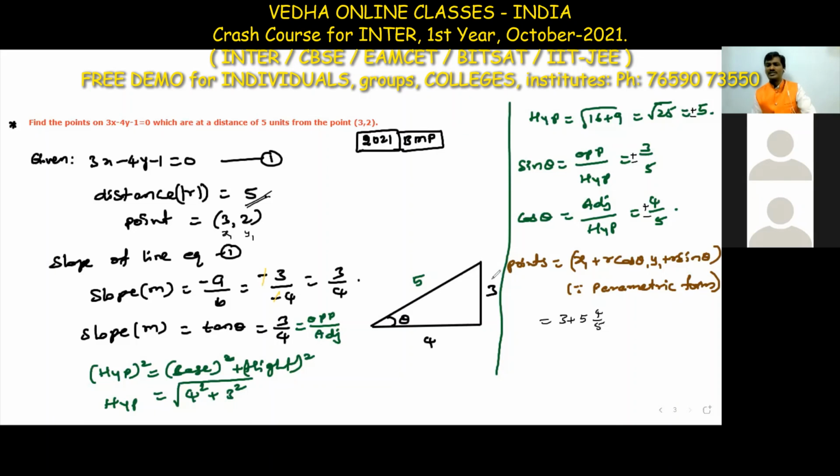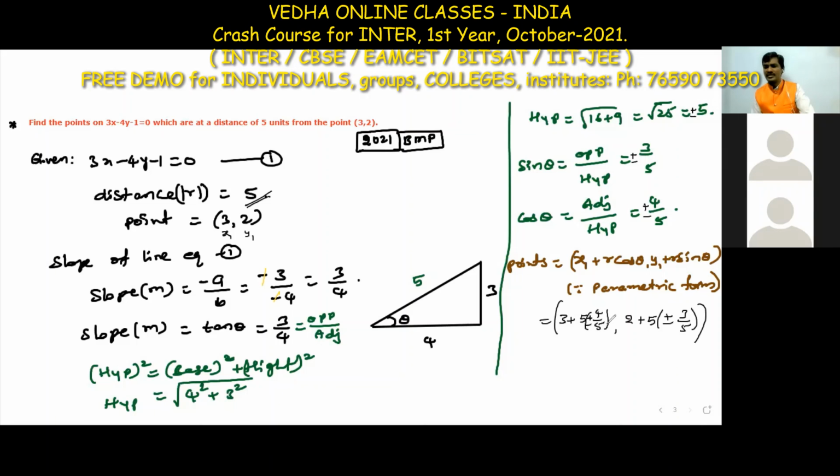I am taking the plus or minus. With cos theta 4 by 5, and y1 value is 2, so 2 plus or minus 5 into sin theta, and sin theta is 3 by 5. We can cancel the 5 and 5.